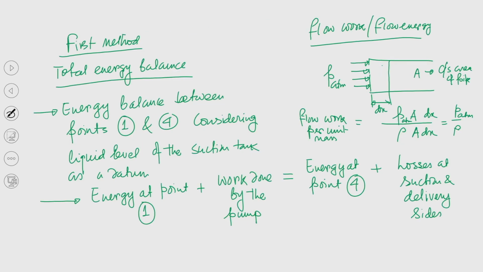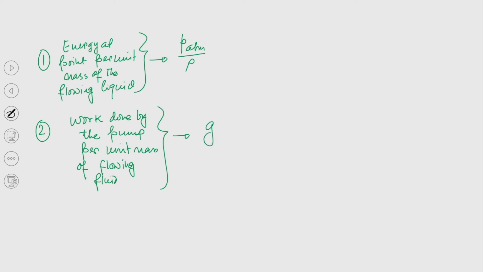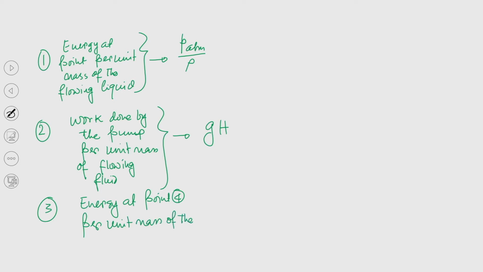So, now can't we write this is nothing but G into H, work done by the pump per unit mass of the flowing fluid, G into H. Number 3, that is energy at point 4 per unit mass of the flowing fluid.